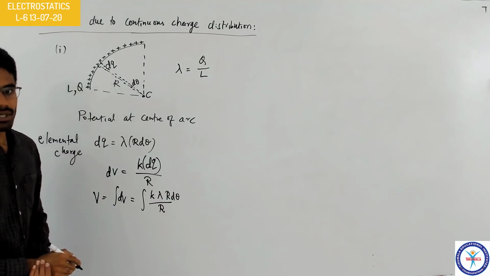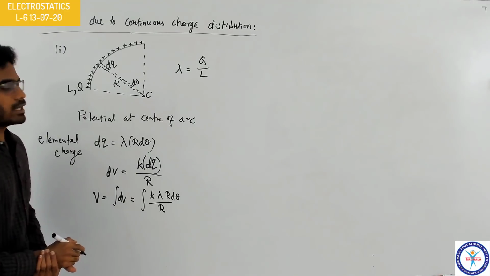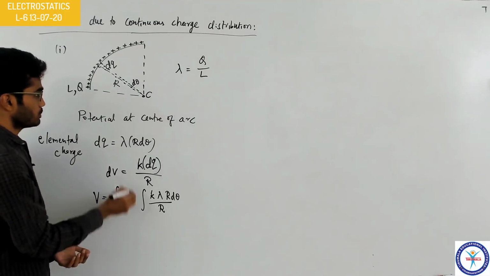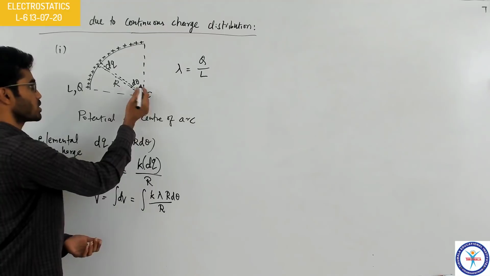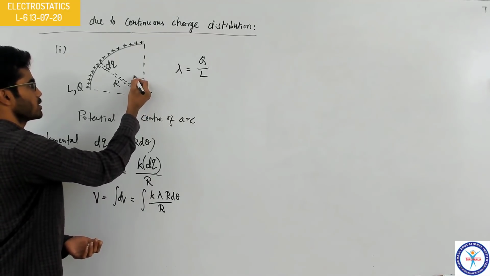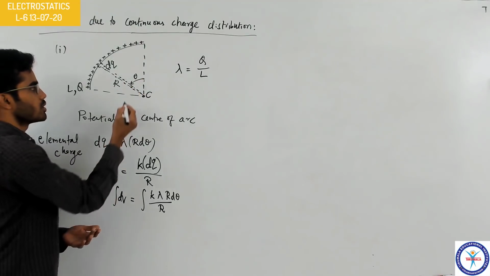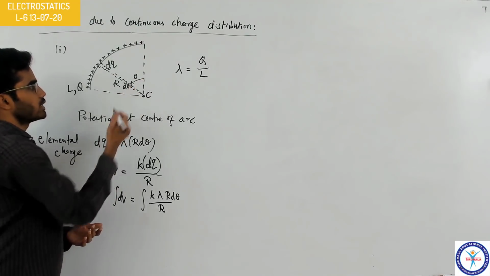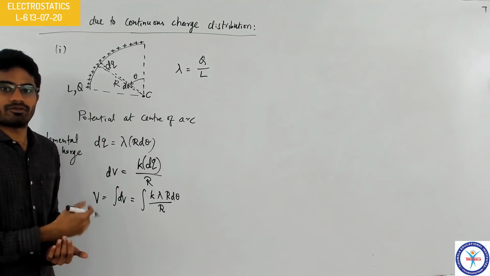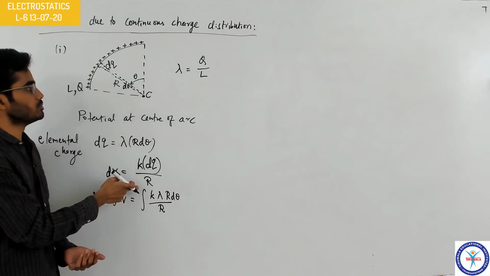Now observe this, as you integrate theta, let us say theta is measured from a particular line, anti-clockwise from this edge. So this will be the small angle d theta. Now what is the variation in theta? The smallest value to the highest value, right?